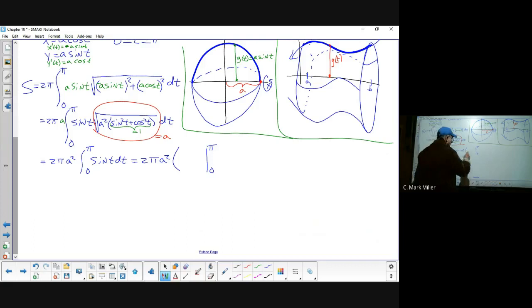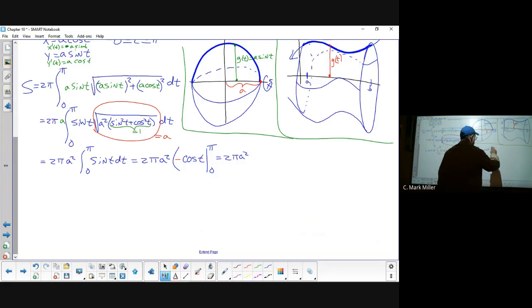So this has to be negative cosine. And that's going to be 2 pi a squared, plug in pi: minus cosine of pi, minus, minus cosine of 0.